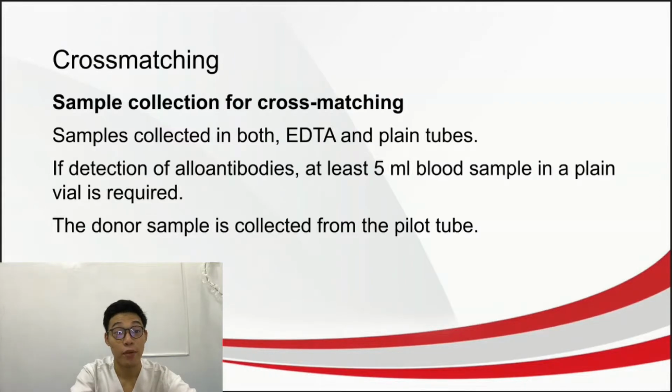The donor sample is collected from the pilot tube or one of the segments of the tube attached to the bag. The number given on the segment should always be recorded for proper identification.